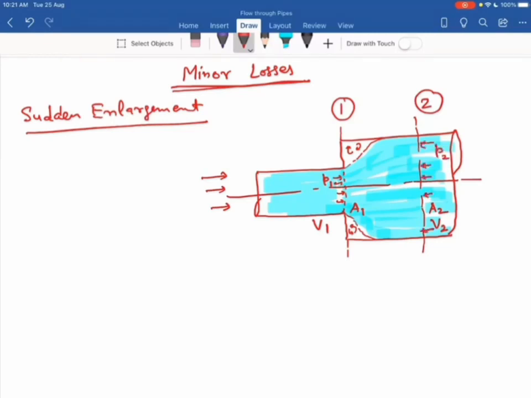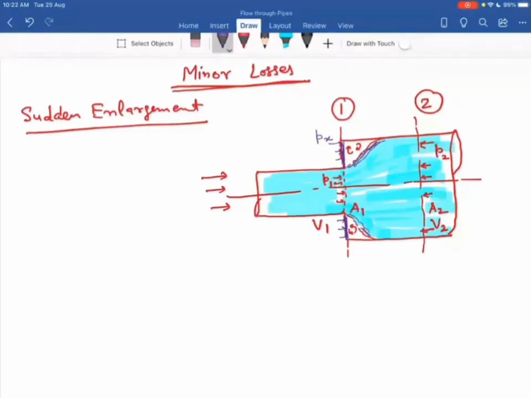Now here one additional part at the top, this one. So at this part, say the pressure intensity is Px. So this is the pressure intensity acting on this liquid. Okay, that is Px.